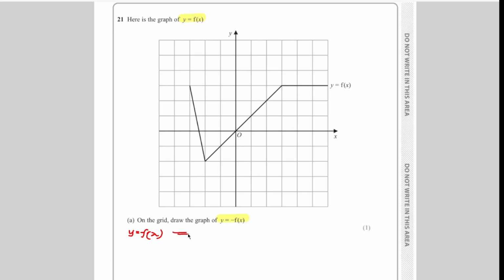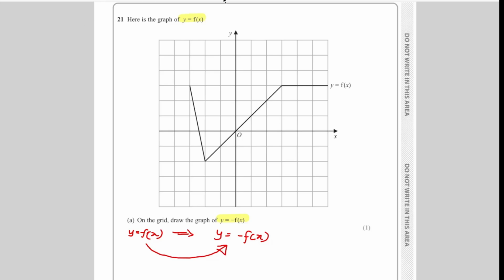And here this is y equals minus f of x. So we need to analyze f of x, original, to the transformed one.